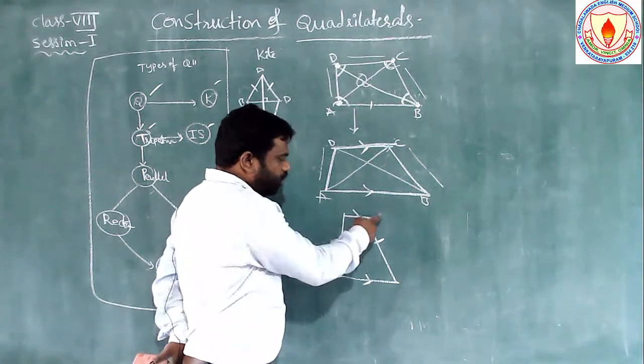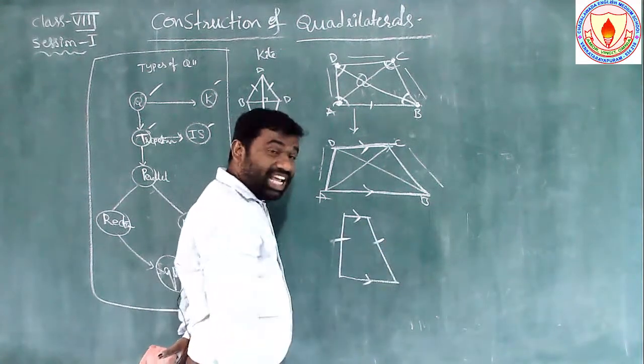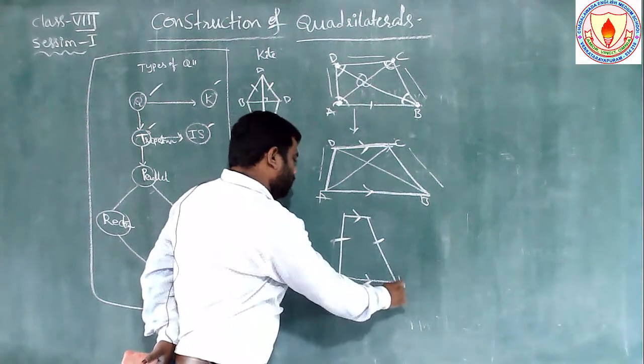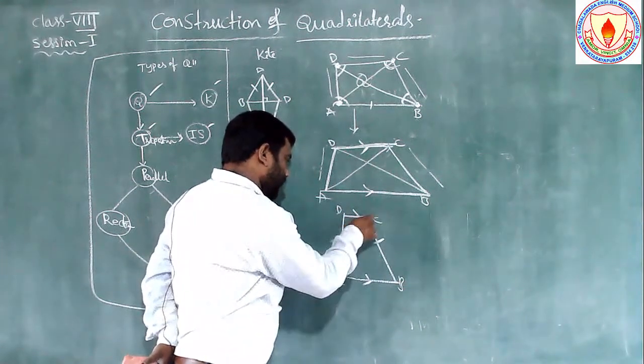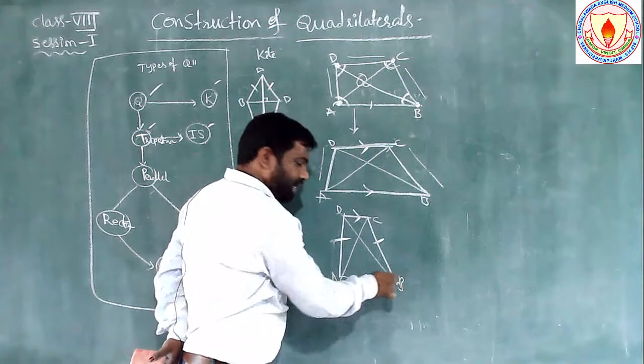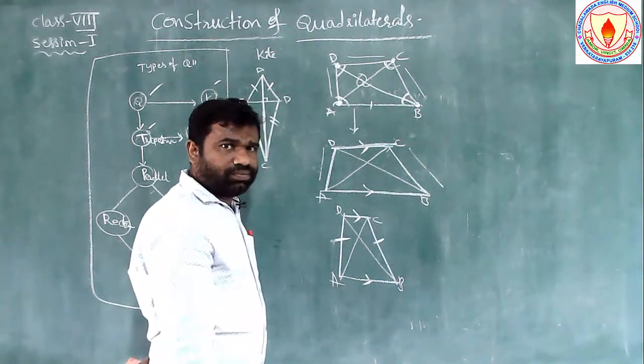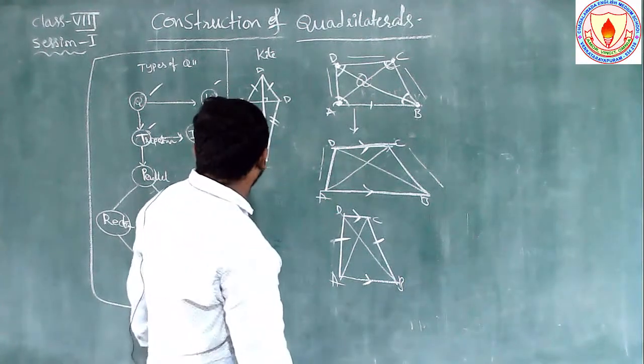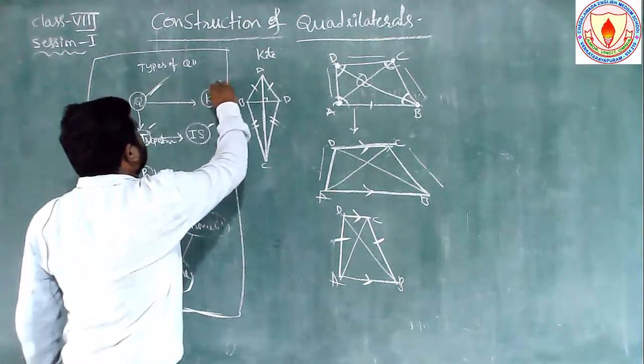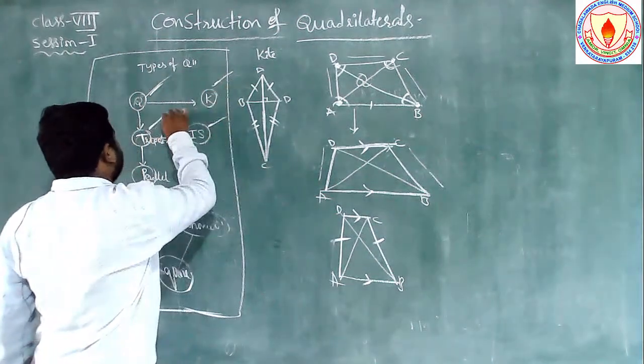The lengths of the non-parallel sides are equal, and the diagonals are equal here. So quadrilateral, kite, trapezium and isosceles trapezium are completed.